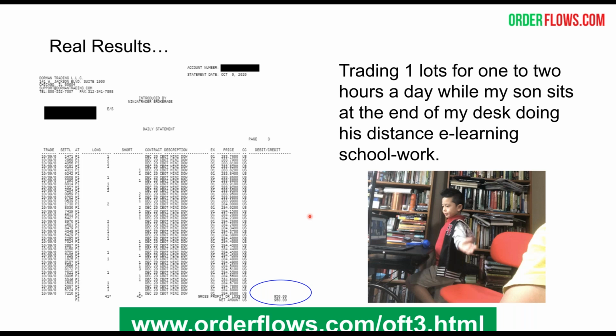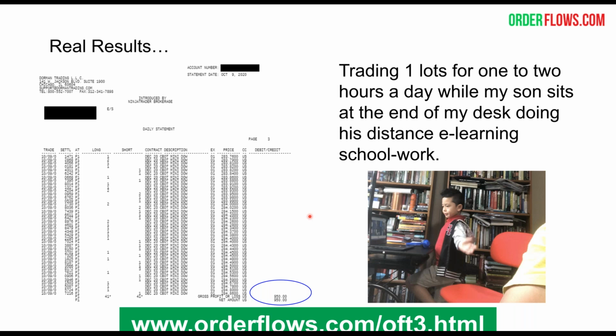Now, I don't normally like to show trading results because a P&L is useless, it doesn't teach you anything about trading. People say, show me your P&L. This is my P&L from Friday. I didn't trade yesterday because of the holiday, even though I'm kicking myself. But I've got a family with kids, and I'm not always able to trade the way I would like, sitting in front of the screen for 6 hours, because my kids are doing distance e-learning.